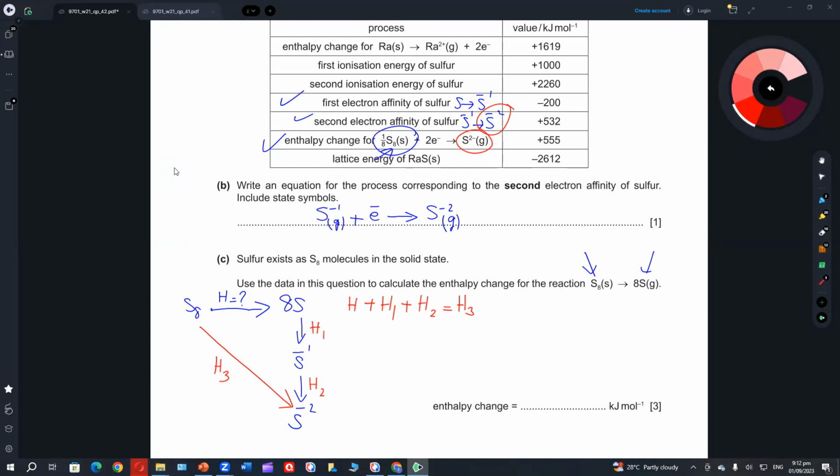Because H3 is the total enthalpy change for the overall route. H3 is route number 1, and H2 is route number 2. Sum of route 1 is equal to sum of route 2, right? Now what should I do? I have made the triangle, I have made the equation.